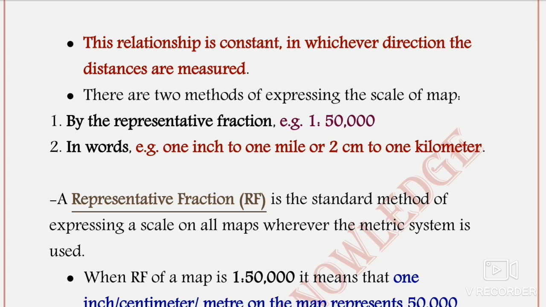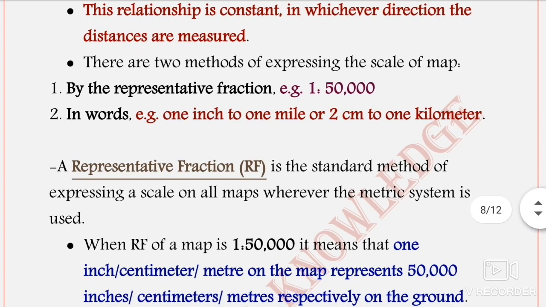There are two methods of expressing the scale of a map. The first is the representative fraction, known as the RF factor. For example, a scale of 1:50,000 is the representative factor of the scale. When we depict it in words, it is 1 inch to 1 mile or 2 centimeters to 1 kilometer.